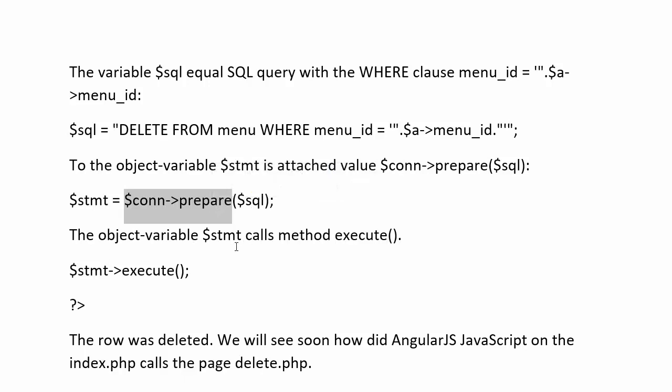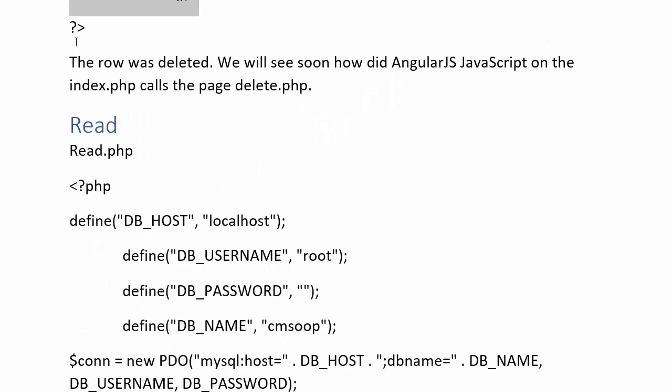The object variable $stmt calls method execute. The row was deleted. We will see soon how AngularJS JavaScript on the index.php calls the page delete.php.